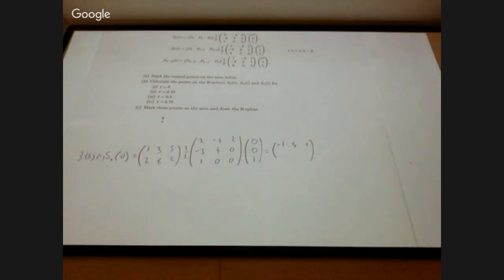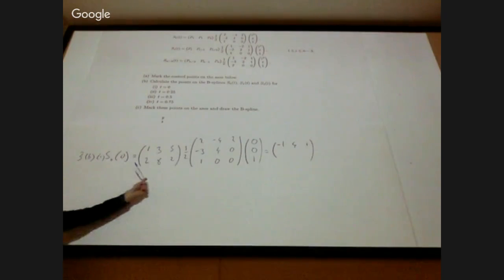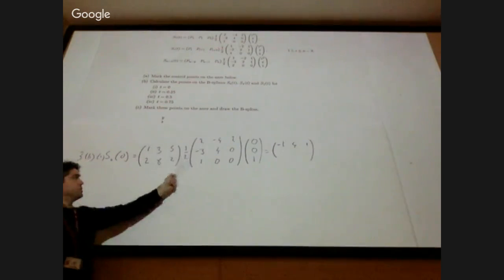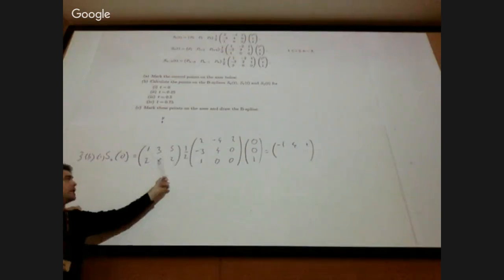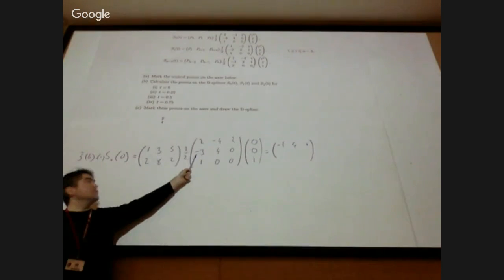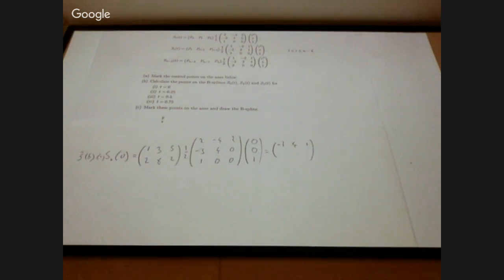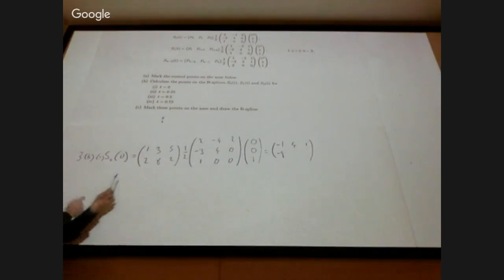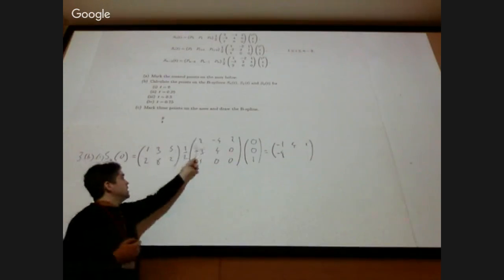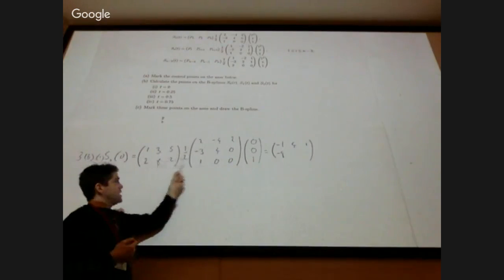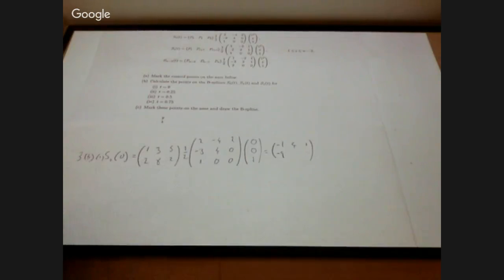Okay, second row, we've got 2 times 2 minus 3 times 8 plus 2. So that's 4 minus 24, so that's minus 20, plus 2 is minus 18, but we're dividing by 2, so that's minus 9. Next, we've got 2 times minus 4, which is minus 8, plus 8 times 4, which is 32.